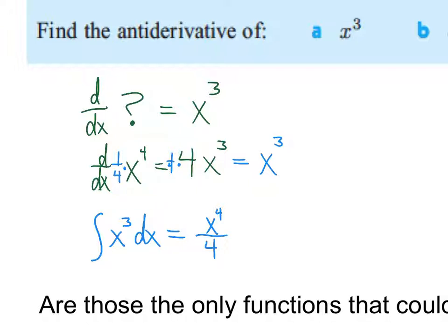Don't we have to do a capital F? That notation, what you're talking about, if f of x equals x cubed, that means capital F of x is x to the 4th over 4. Does that make sense?